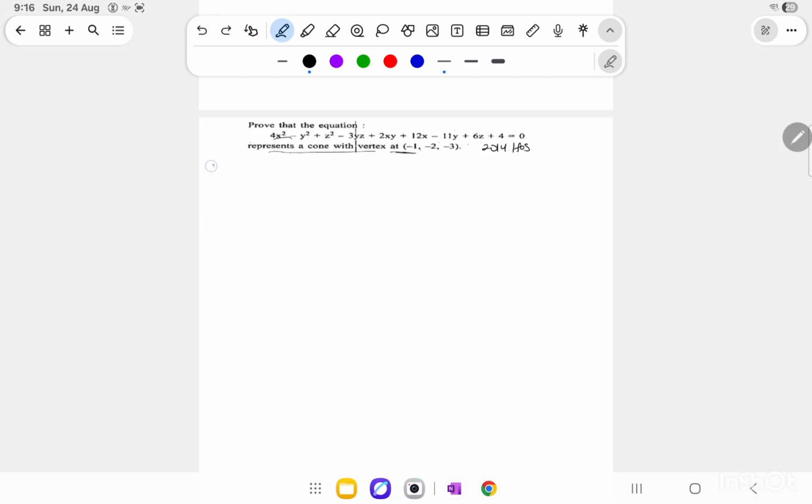So if we compare, we'll get a as 2, b as -1, and c as 1, f as -3 by 2, g as 0, h as 1, u as 6, v as -11 by 2, w as 3, and d equals 4. I guess this is the same question, the first question that we did.